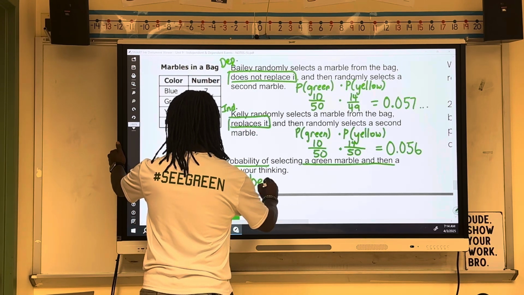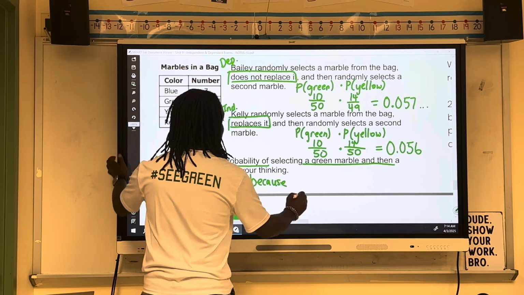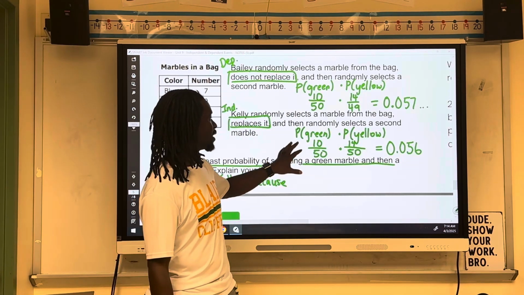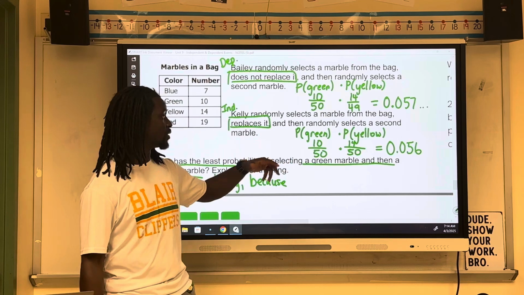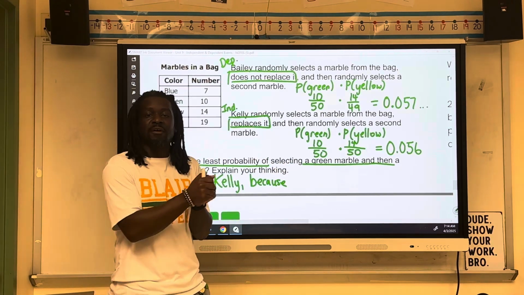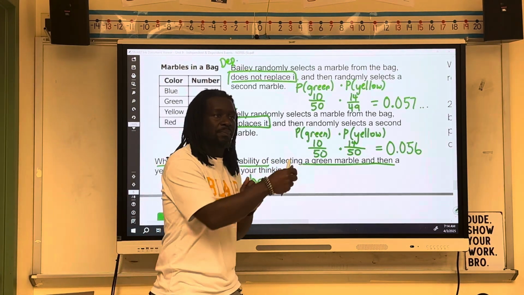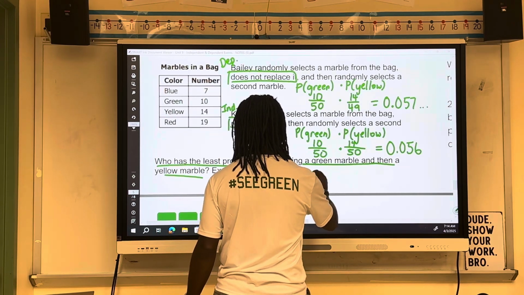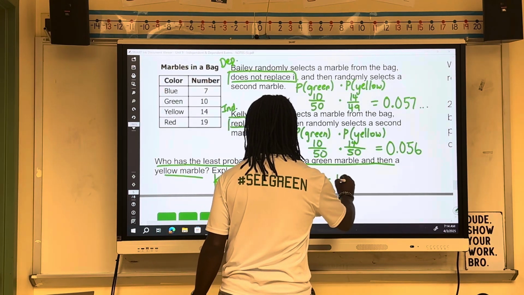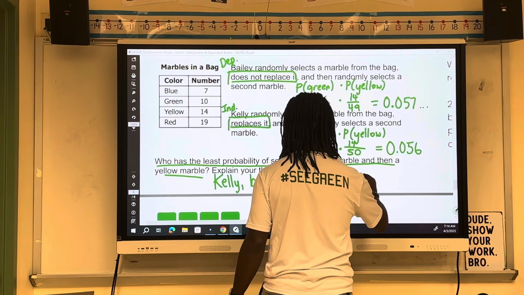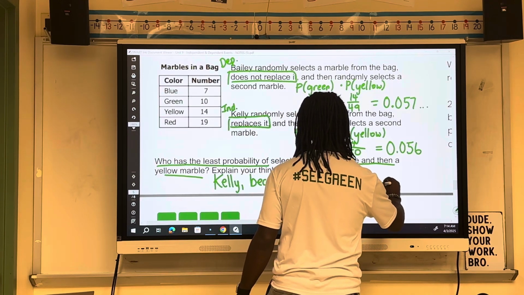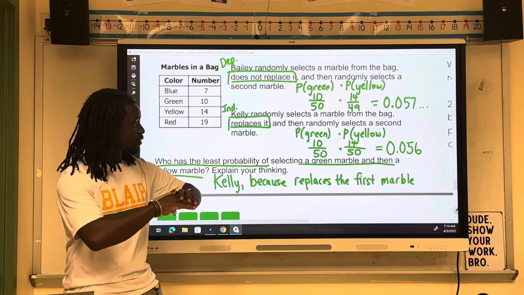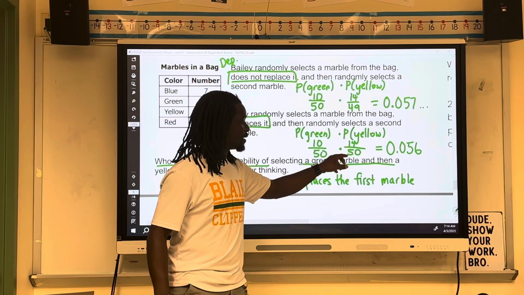And why? And here's the main part, right? Why is her chance lower, right? Why is her chance of getting a green then a yellow lower? Well, it's because after she pulled the green, she put it back, okay? And because she replaces it and puts it back, there are more outcomes.